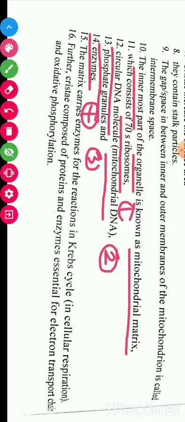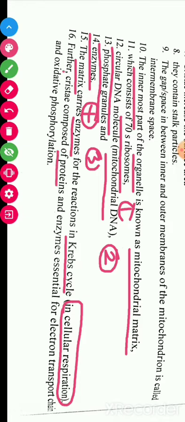The matrix carries enzymes. Why do we have these enzymes? For the reactions in the Krebs cycle, that is in cellular respiration. Further, cristae is composed of proteins and enzymes.